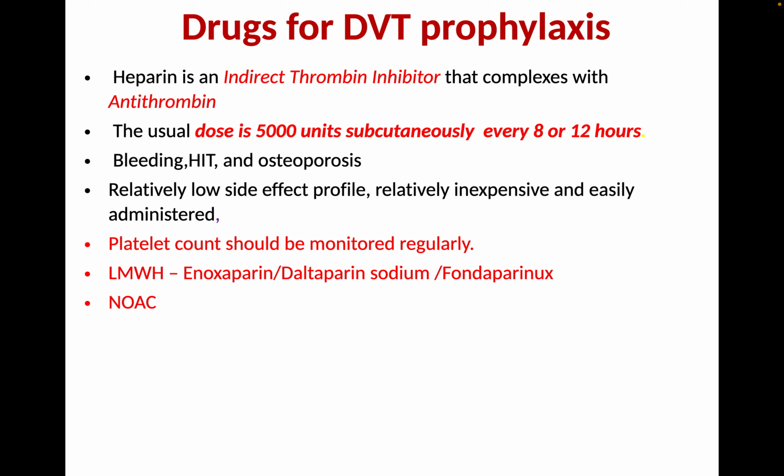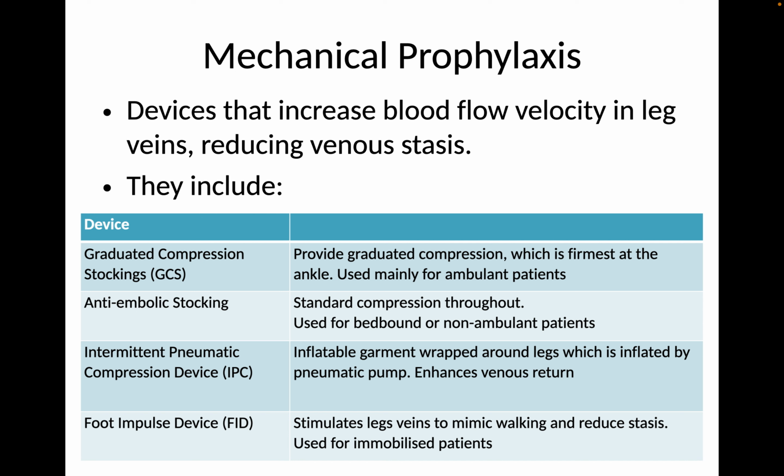And with LMWH, these are the agents in the form of enoxaparin, dalteparin sodium, and of course, the synthetic heparins like fondaparinux. And we also talk about the newer oral anticoagulants, or NOACs or DOACs, as they are famously termed.